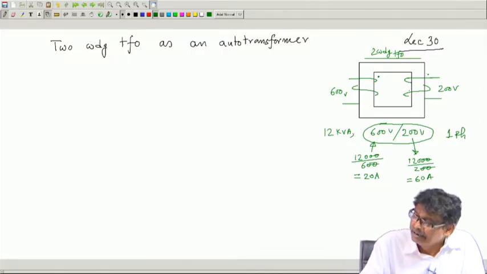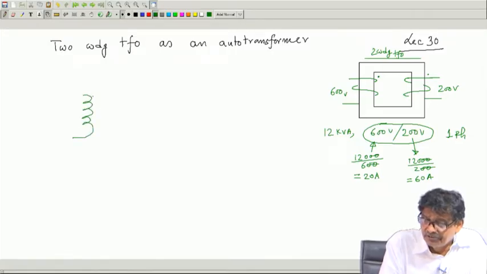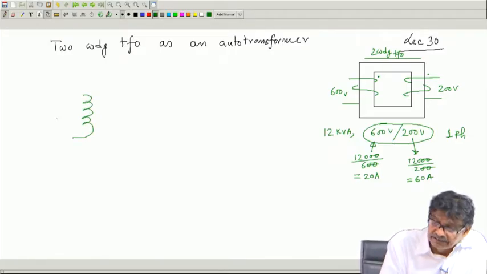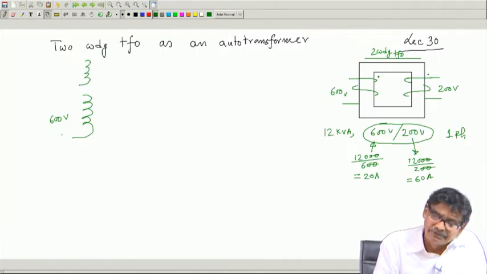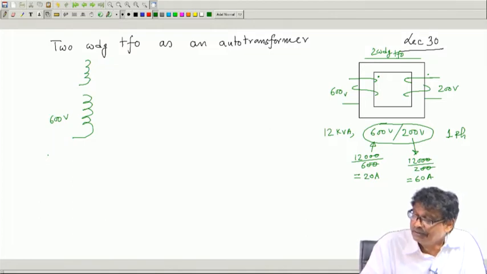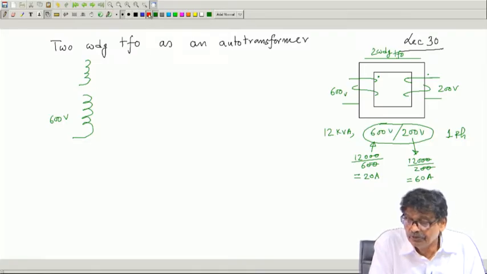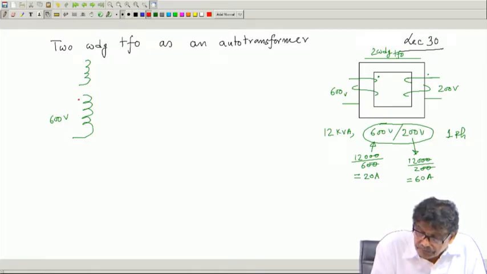For example, in a simplified diagram, I will draw it like this. Instead of drawing these two separate coils, this is the 600 volt side. I will just draw them vertically, so that I can draw it anywhere I like, so long as I know these are the two coils; electrically nothing wrong in that. And suppose these two are dots.